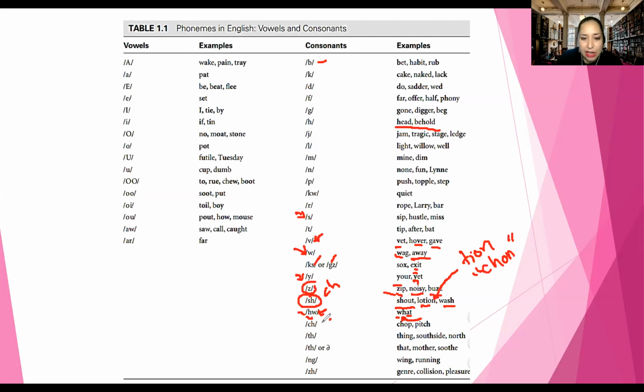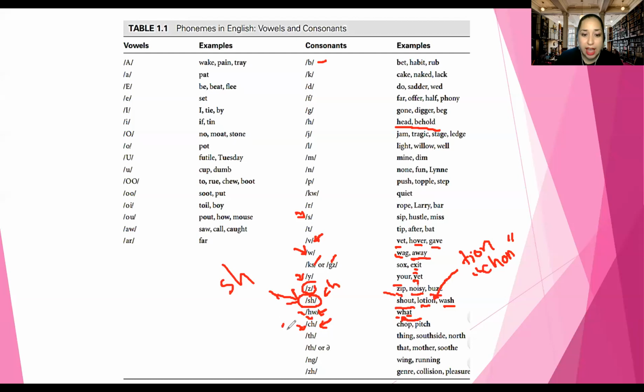And then this CH is sort of similar to the SH, but it's softer. For us, native Spanish speakers from the north of Mexico who speak the she, like Porsche, that sound is the SH. The CH is softer.